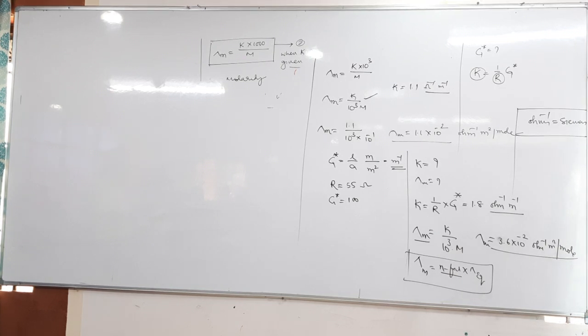That's not the right answer. So 124 Siemens centimeter square per mole.